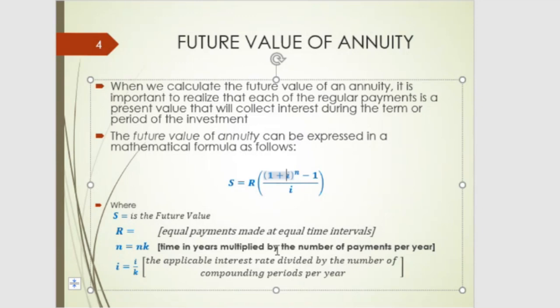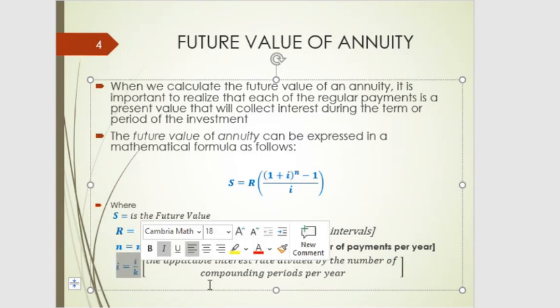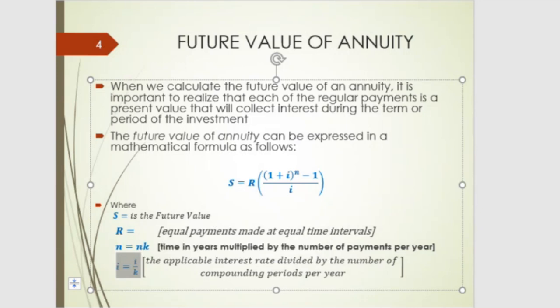If it's compounded monthly, it has an impact on the number of years, so you multiply the number of years by the compounding period. Whereas for i, if it's compounded monthly, we split the interest rate per each month.